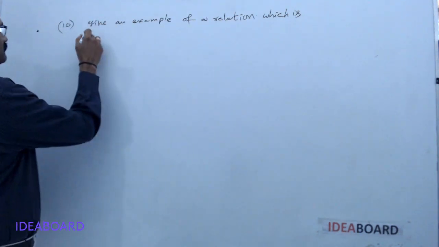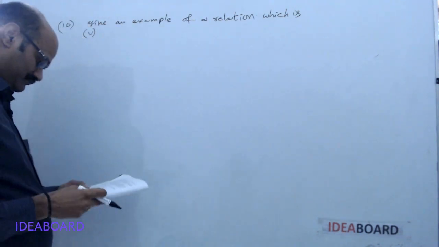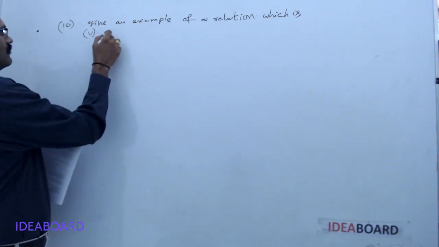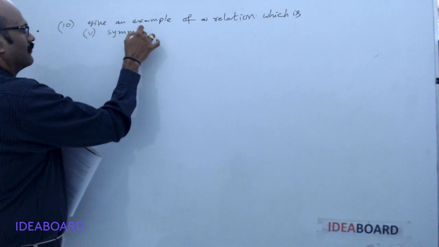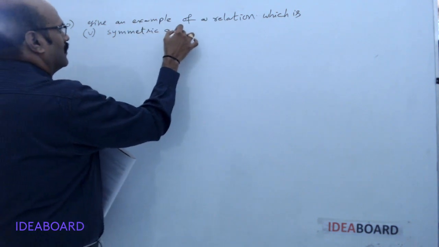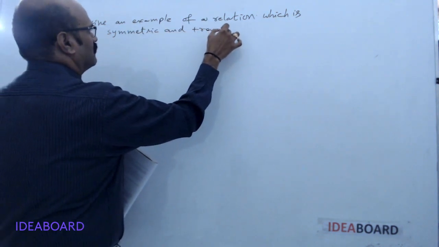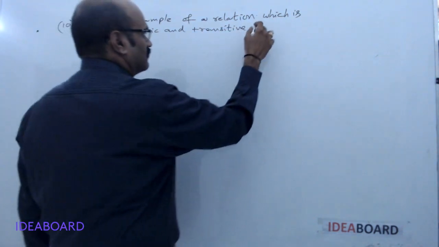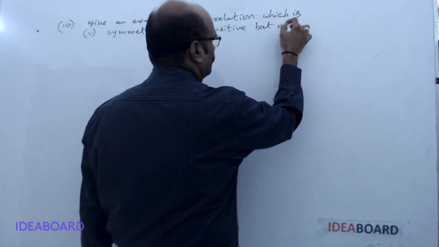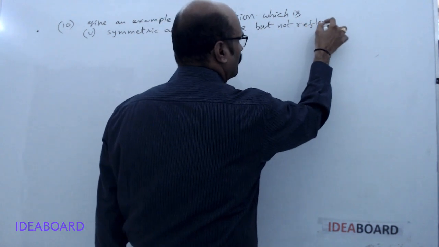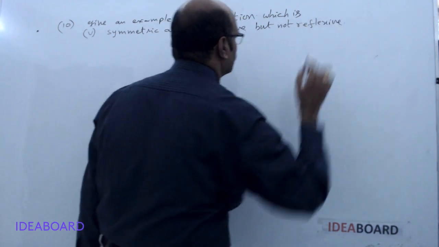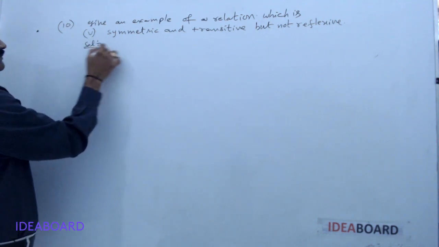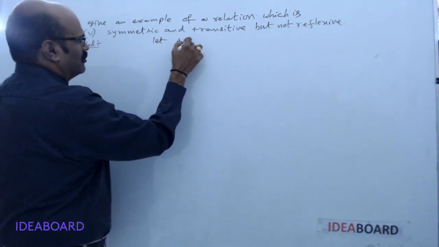Fifth one, symmetric and transitive but not reflexive. Solution. Let me take A equal to {1, 2, 3}.